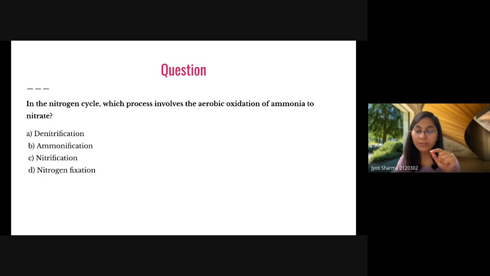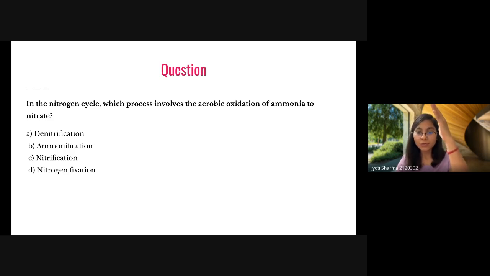Then this N2 will be changed into NH3, ammonia. Again, this NH3 will be changed into NO2. This is nitrite. Sorry, NO2 will be converted into NO3, and this NO3 is nitrate.